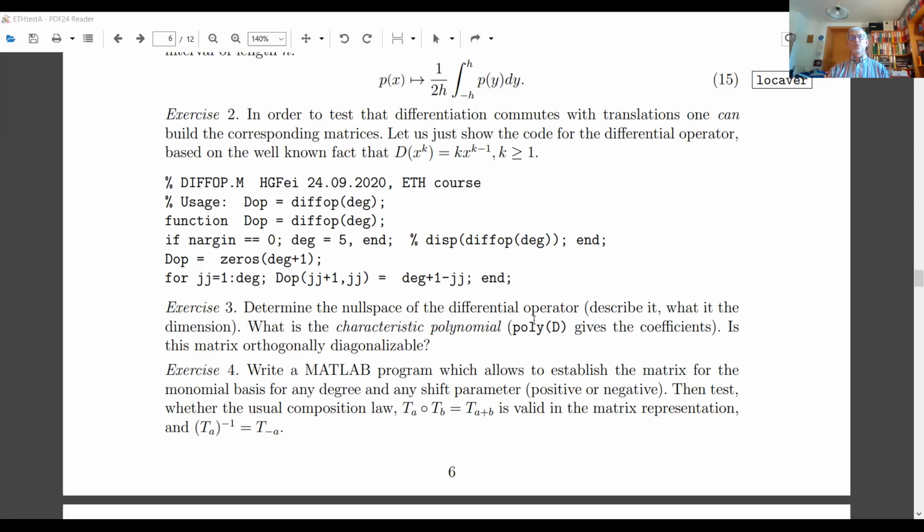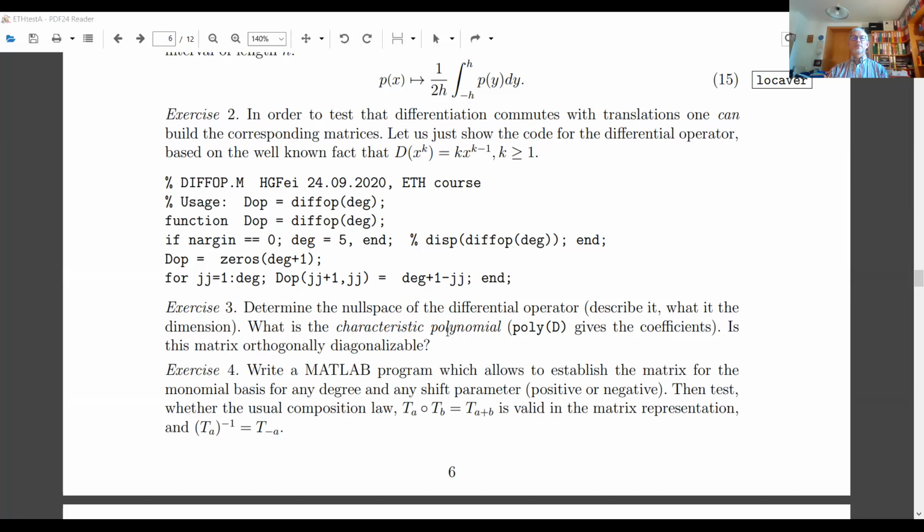I mean, the answer is quite obvious, and I think you should easily find out that this is a one-dimensional space, whereas if you're looking up linear algebra books on eigenvalues, you would like to have as many eigenvalues as you have eigenvectors. Here you have only one eigenvector, as I would say, but the multiplicity of this eigenvalue, which is 0, is 4. So it's by far a problematic thing if you are looking for eigenvectors.